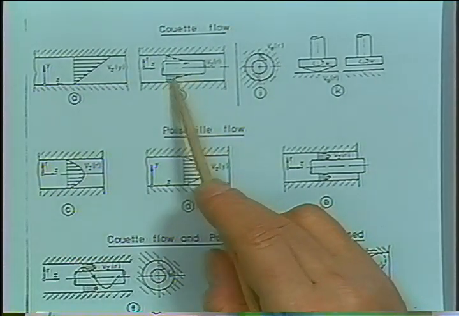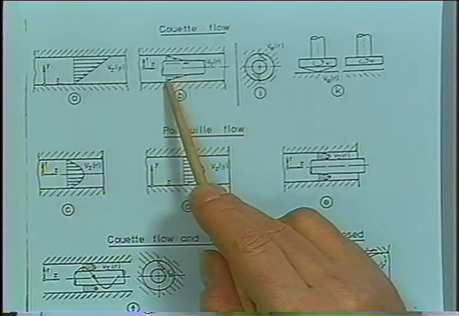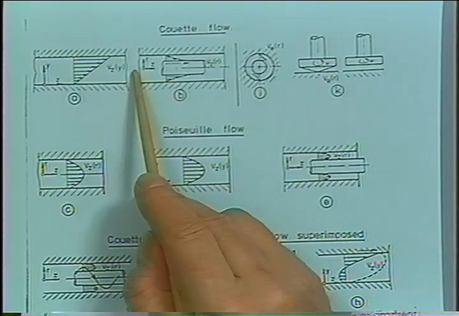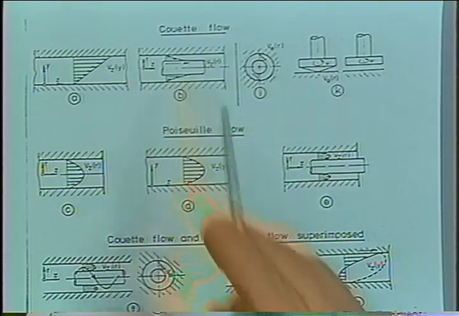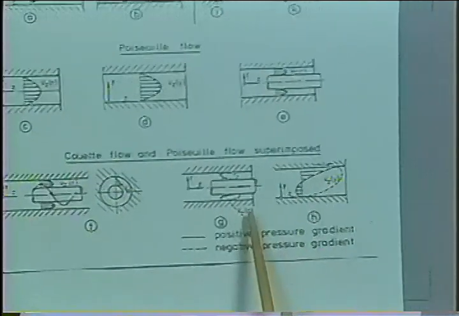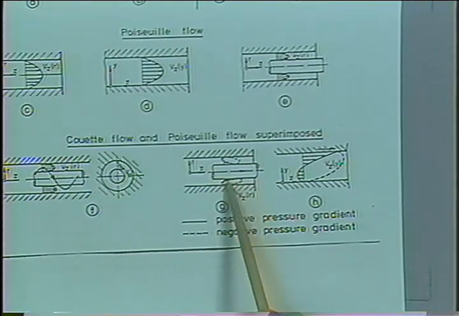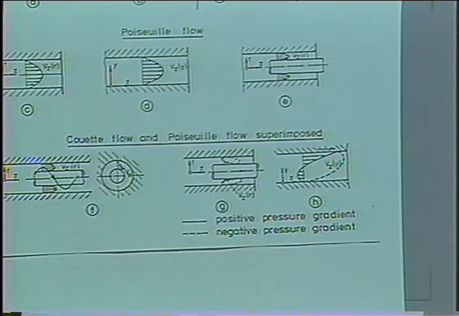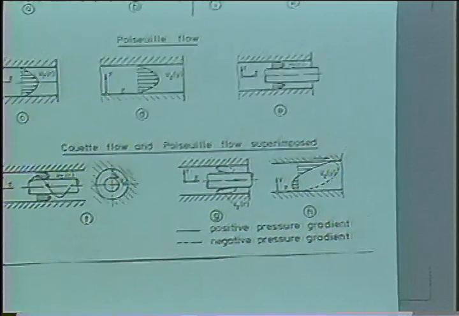It might not be just drag flow in wire coating. You might have some pressure on the upstream side, so the flow might also be due to high pressure, and then you would have a superposition. I drew something like this here, superposition of drag flow and pressure flow in this geometry.